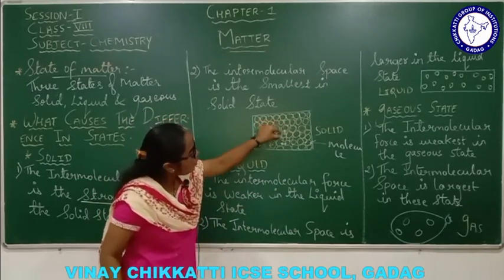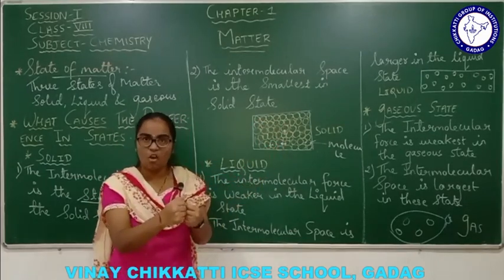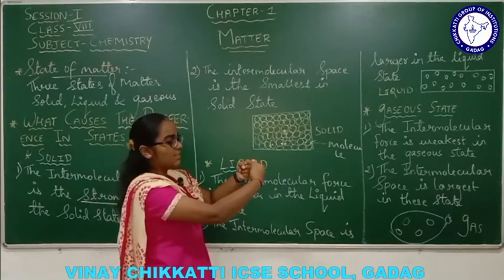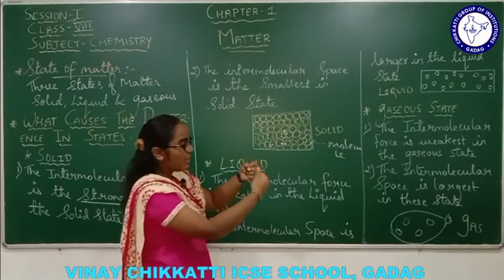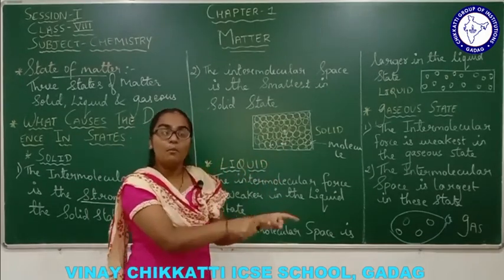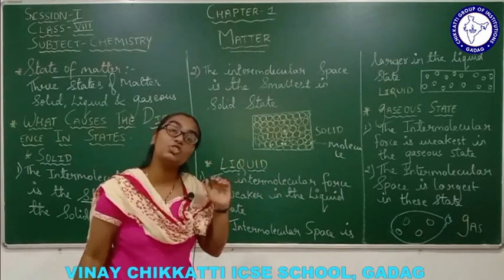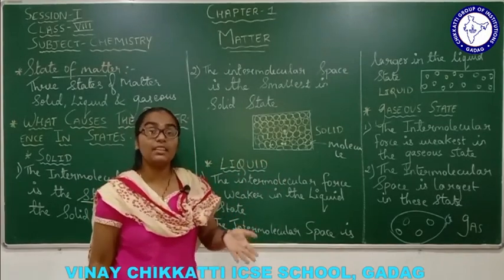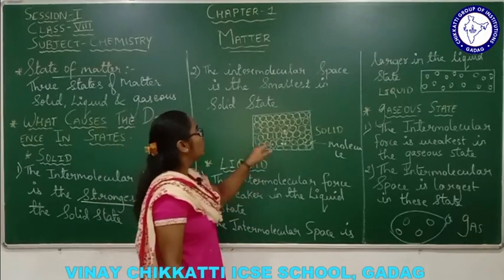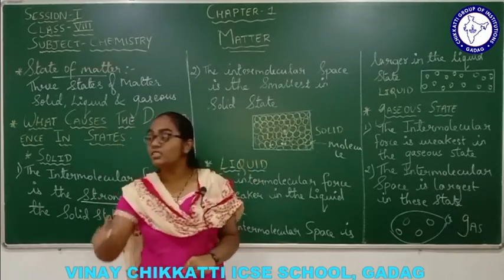But this intermolecular force is very strong, right? Because one molecule is very much adjacent to another molecule, which is making them attract, or the force of attraction between the molecules in the solid state will be the strongest, which is making them hard and rigid in shape, right? Okay, so what they are talking about is the intermolecular force.